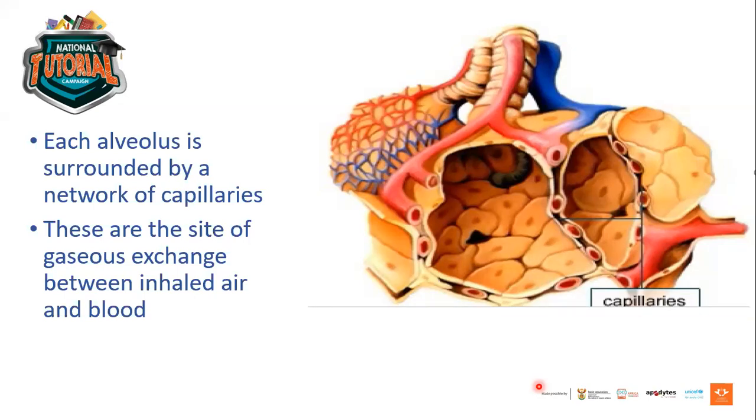Between the inhaled air and the blood. Remember, we are focused today on human gaseous exchange, as you've seen with the lungs. So gaseous exchange occurs at the site where there's an exchange of gases between the air that you have inhaled and the blood. So at some point, this air that you've inhaled will need to be transported to the blood.